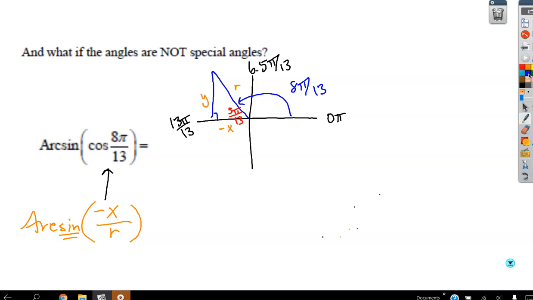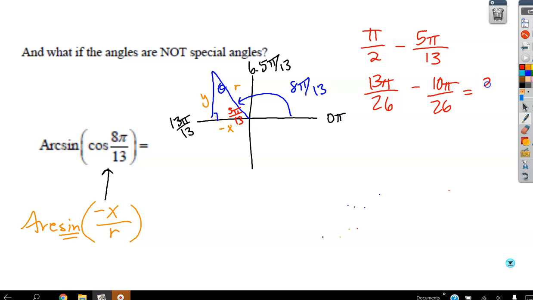We're going to use this guy. So how do we get that guy? Well, these two should add up to 90, or in radians, pi over 2. So I'm just going to do pi over 2 minus that given angle to get this missing one. Okay, so yeah, I have to do a little converting. Common denominator business. So that means that angle is 3 pi over 26.